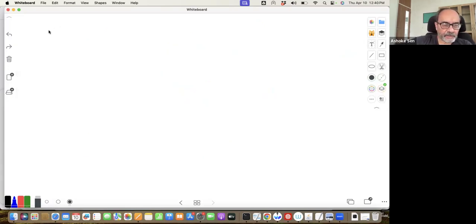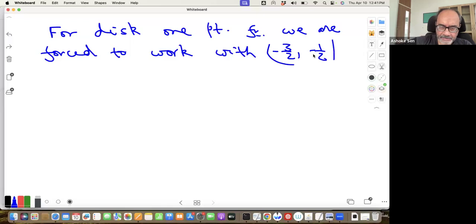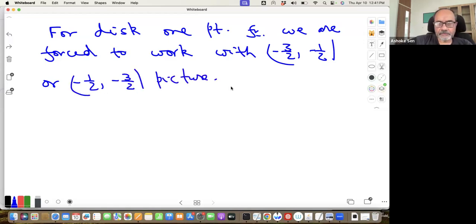So first of all, on the disk, for the disk one-point function, we are forced to work with the -3/2, -1/2 picture, or the other way, because the total picture number will have to add up to -2.